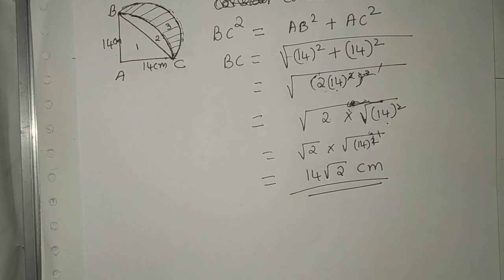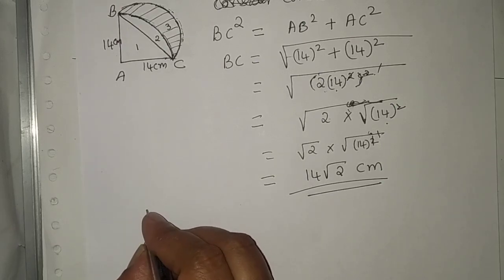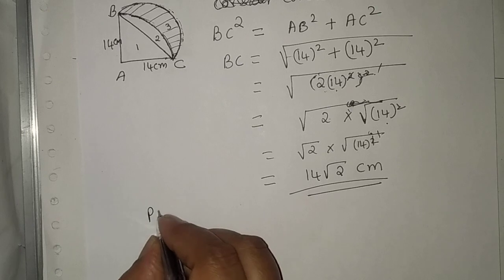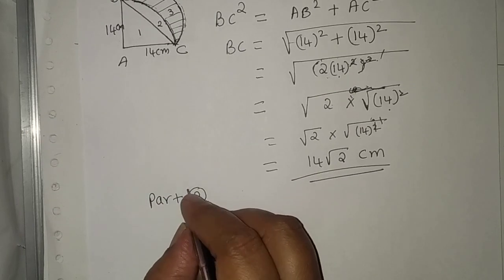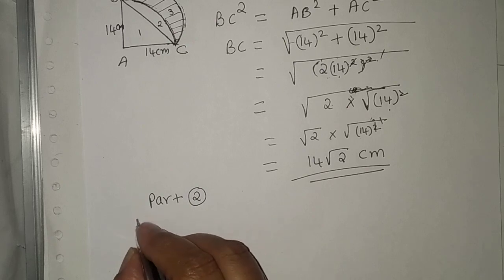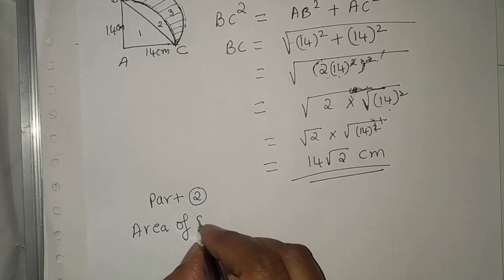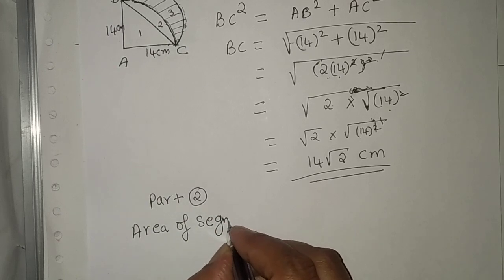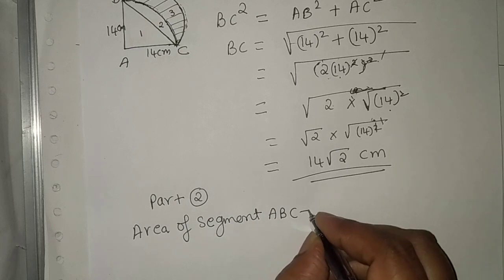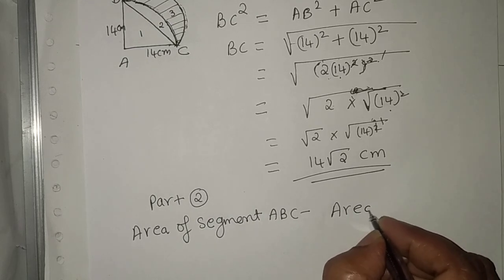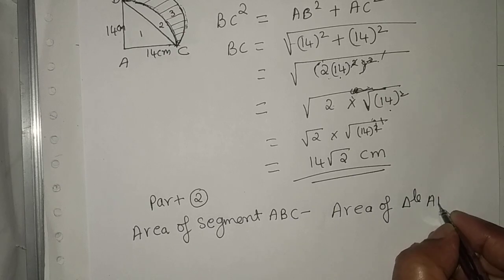So after this, the next part we have to take is part 2. Here we have the area of segment ABC minus the area of triangle ABC.